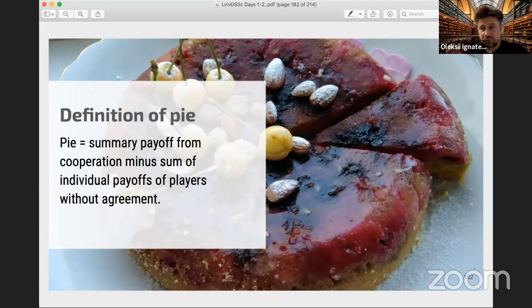So what is the pi again? It's a summary payoff from cooperation minus what players can do alone. So if pi is bigger than 0, then this is a reason why two players form a coalition to produce extra product.